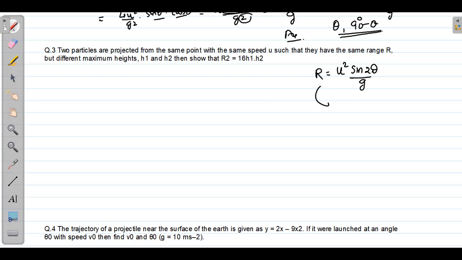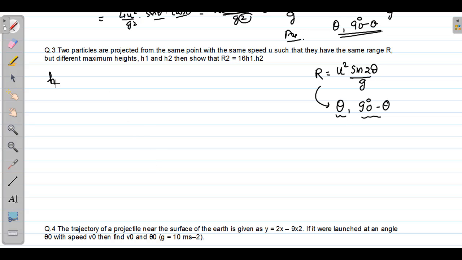This range will be the same for the complementary angles, that is theta and 90 degree minus theta. For these two angles, we have the same range, and range is u square sine 2 theta by g. But they have different maximum heights h1 and h2, and show that R square equals 16 h1 into h2.